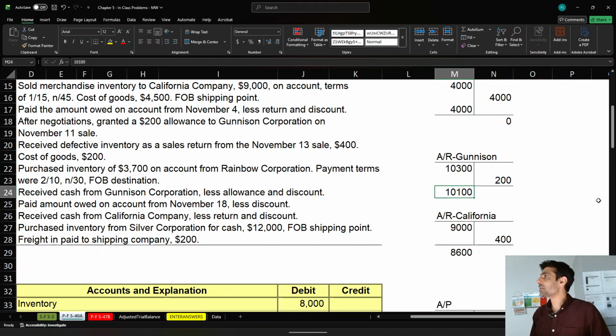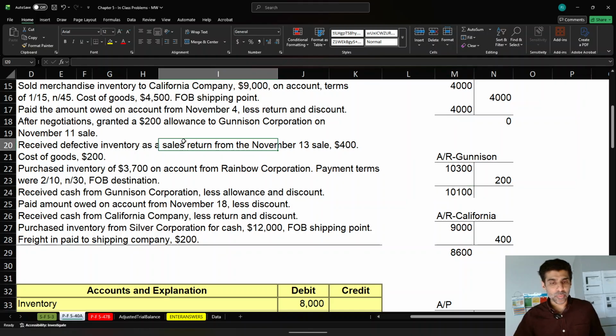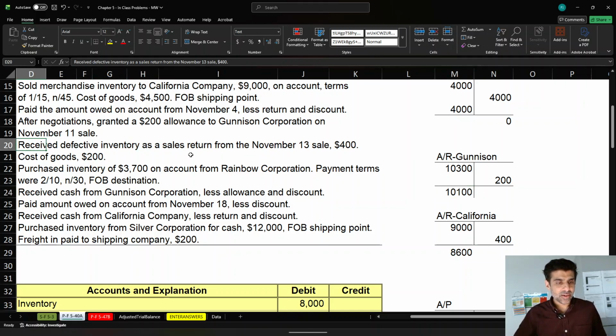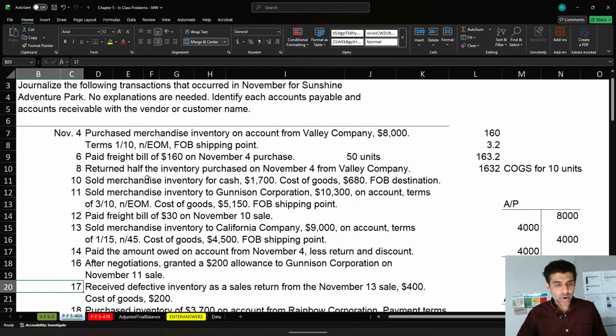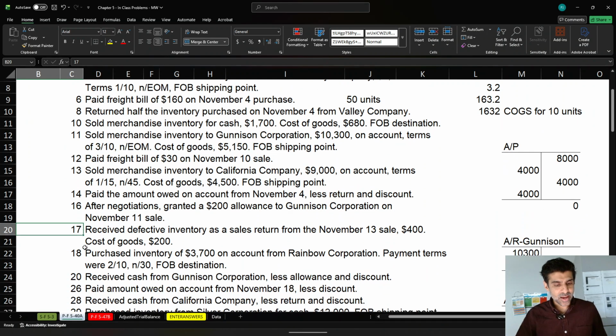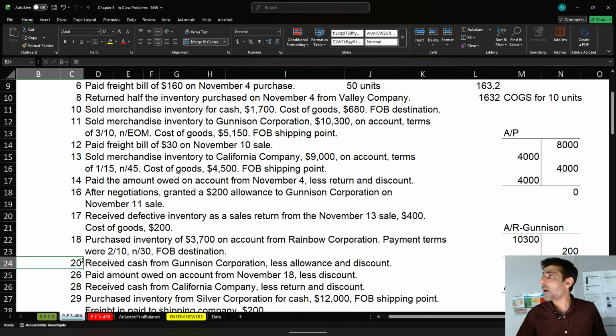So this is how much they owe us on a gross basis before the discount. Okay, so will they get the discount? Let's see. Okay, we offer them terms of 3/10 net end of month. So they had till the 21st to pay us. And we can see here that they are paying us on the 20th. So yes, they will get this 3% discount.